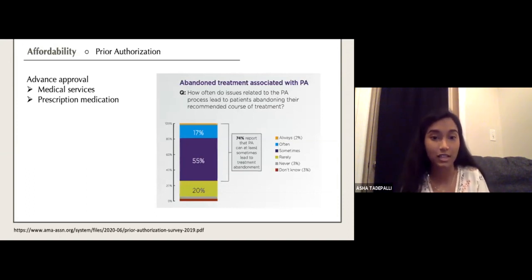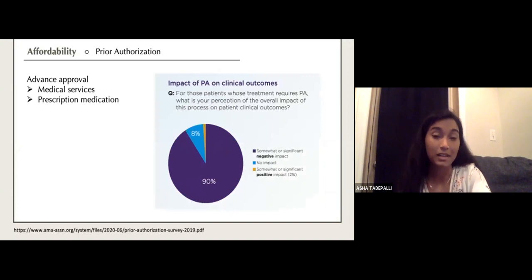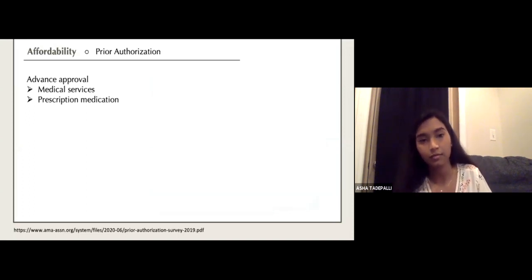Over 74% noted that they often had to choose alternative treatment or abandon the course of treatment that was first recommended. And then finally, impacts of PA on clinical outcomes: 90% of practitioners reported somewhat or significant negative impacts of the prior authorization process and approval.